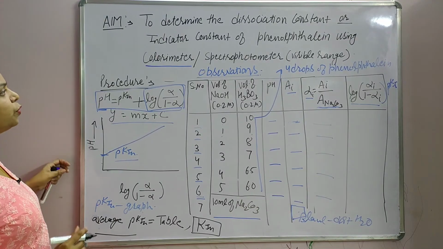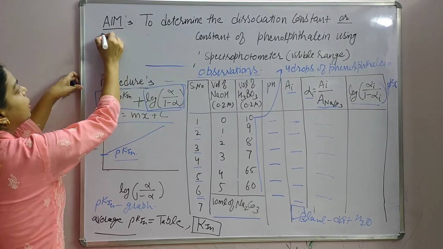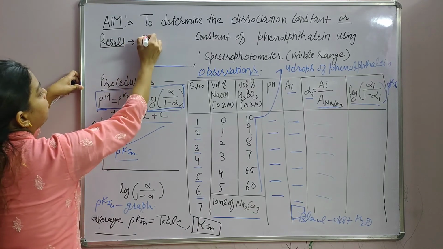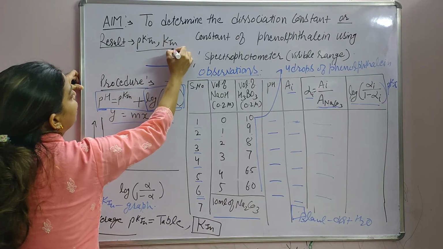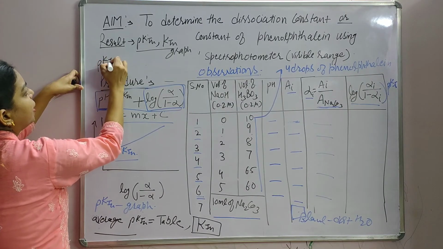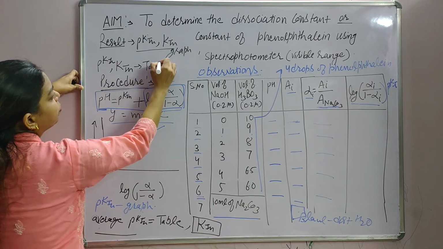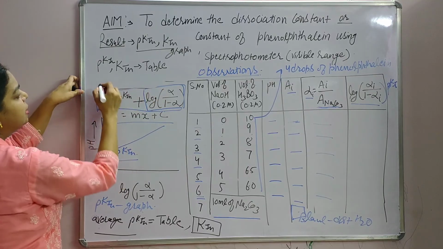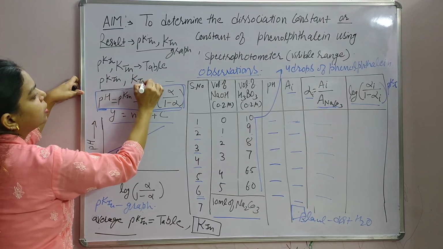So in the result you have to report pKin and Kin from the graph, and pKin and Kin from the table, and then the pKin theoretical and Kin theoretical value.